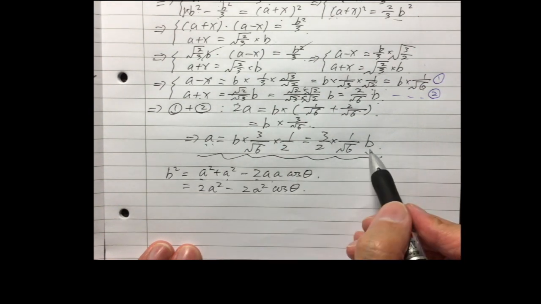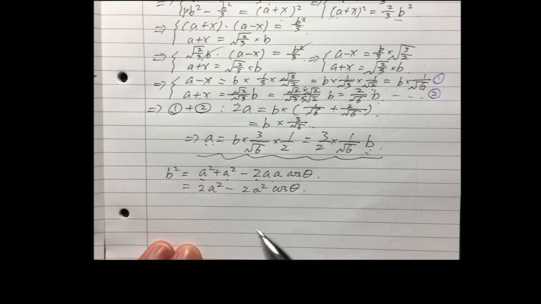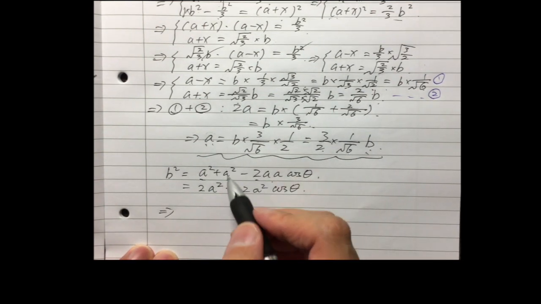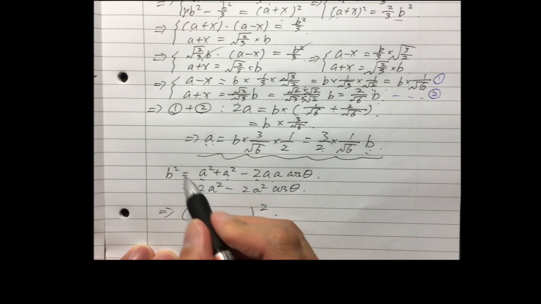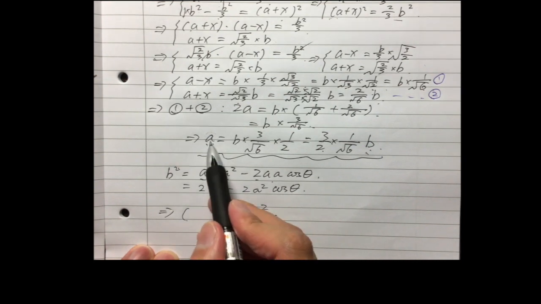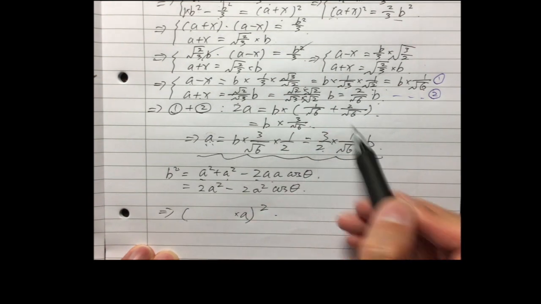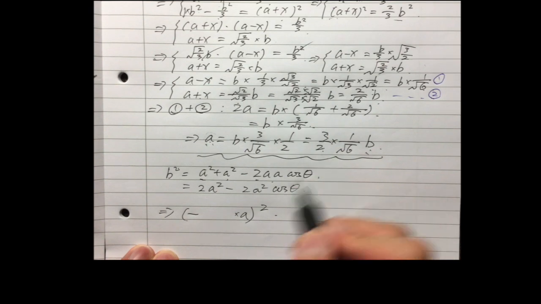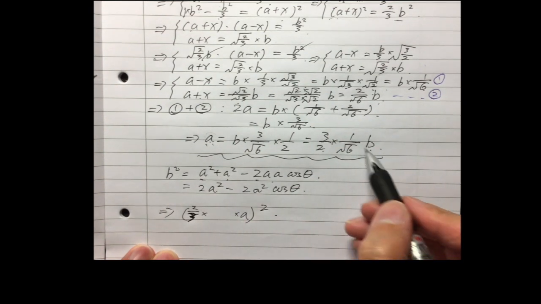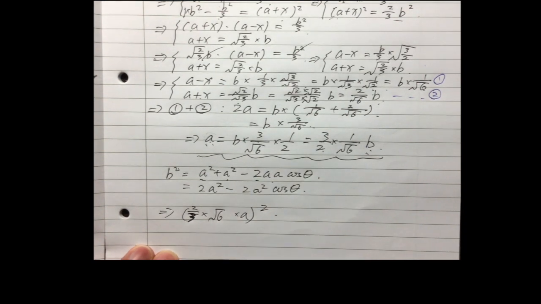So we substitute this b with something about a, right? So we got a bracket squared, which is b inside, a times 1 over this thing, right? So 3 over 2 will become 2 over 3. And this will become square root 6, right? At the right hand side will be 2a squared minus 2a squared cosine theta.